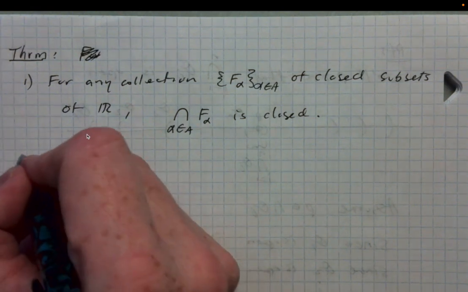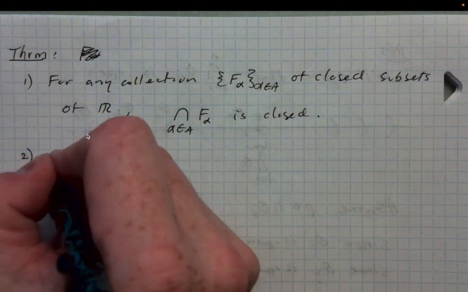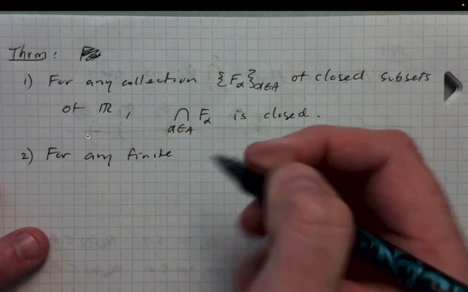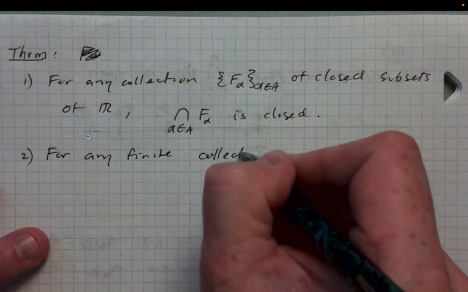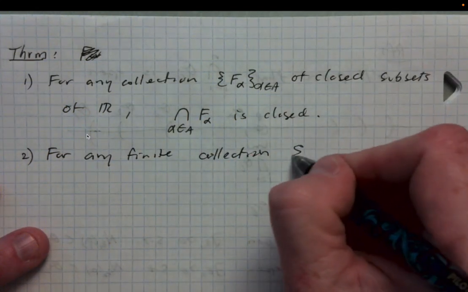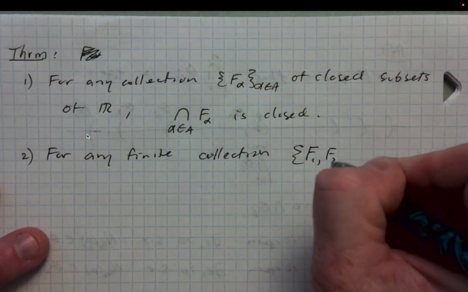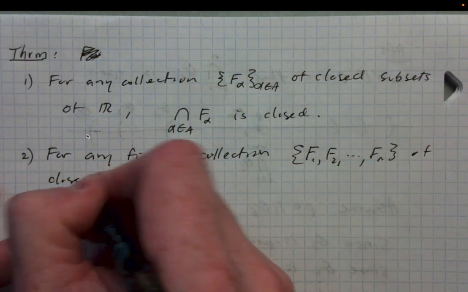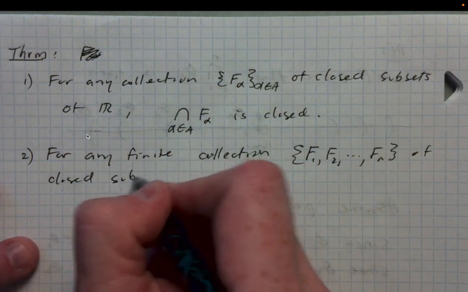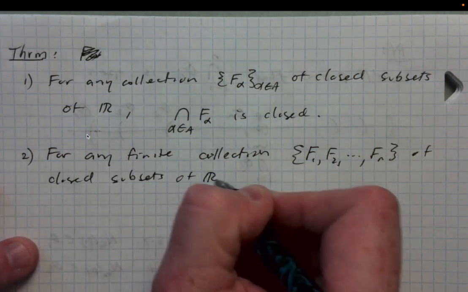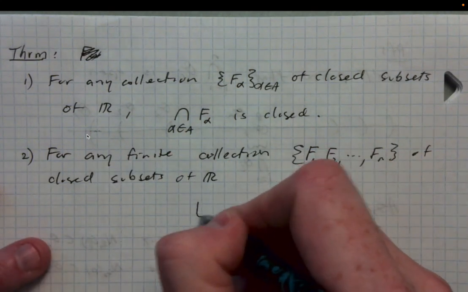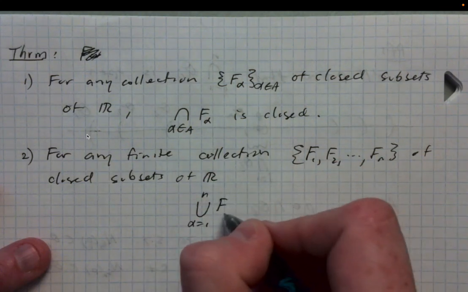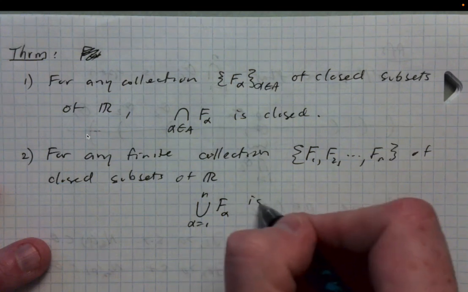All right, and then part 2 says for any finite collection, and we'll denote it F sub 1, F sub 2, dot, dot, dot, F sub n of closed subsets of R, the union over i equals 1 to n of those is closed also.